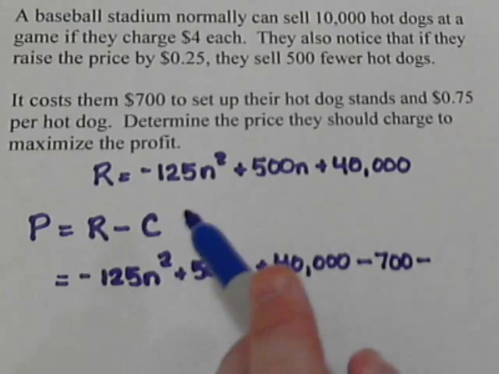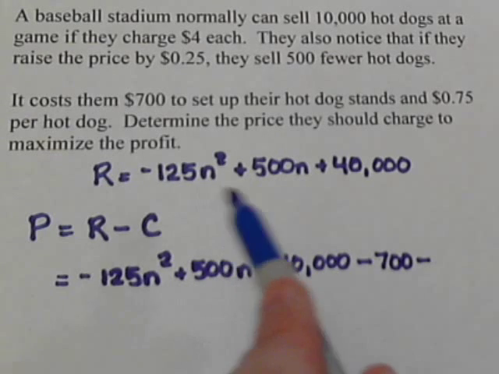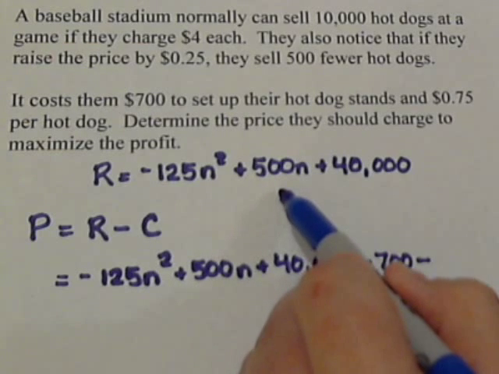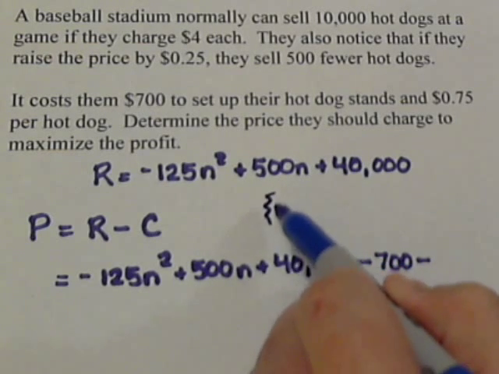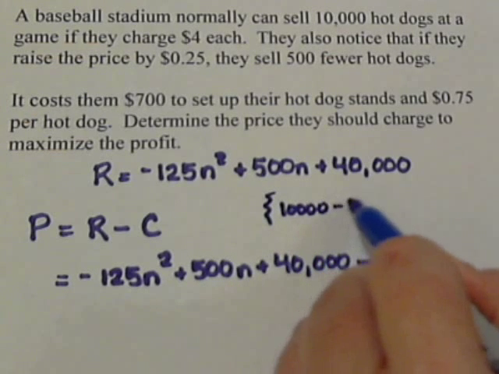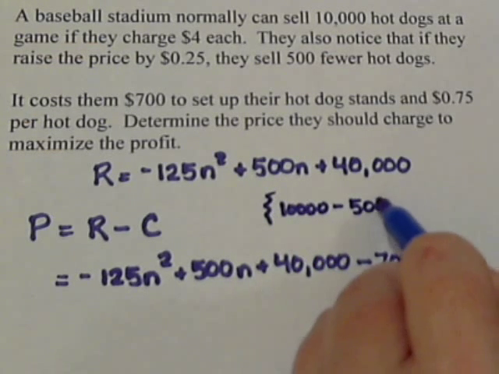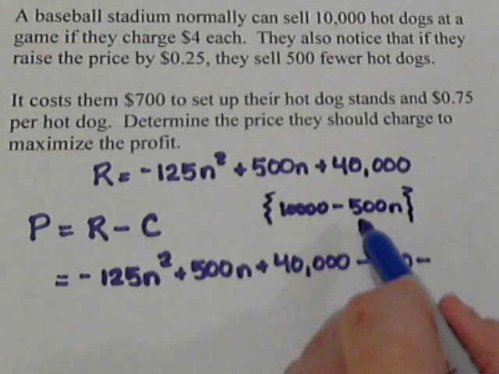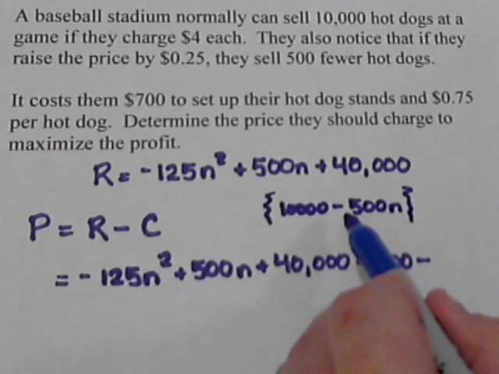Okay. Now, how many hot dogs do we sell? Well, if you remember from when we set up the revenue formula, the hot dog portion of that was 10,000 minus 500 n. That was the portion in the revenue that told us how many hot dogs we were selling.